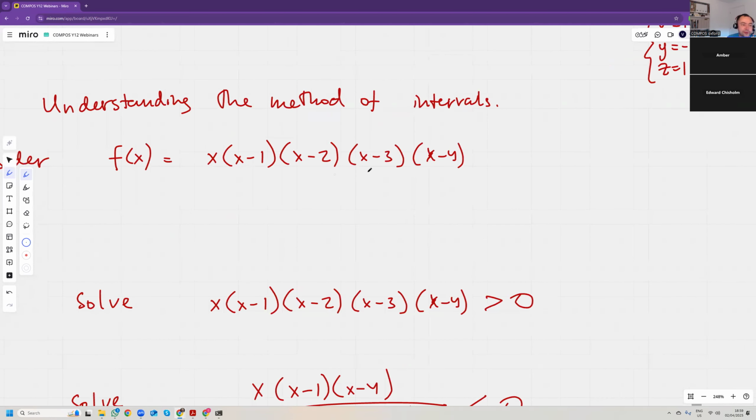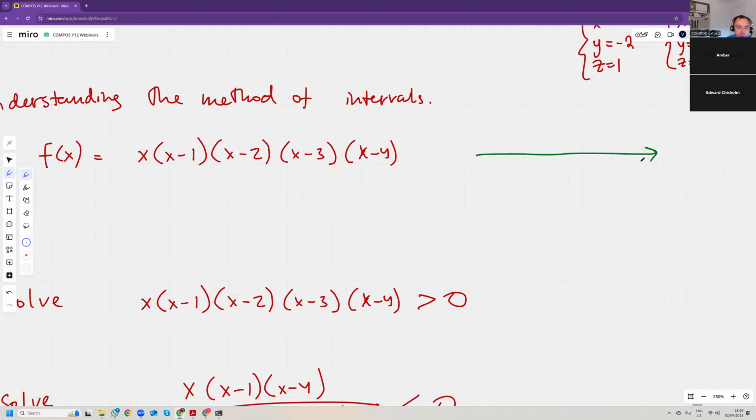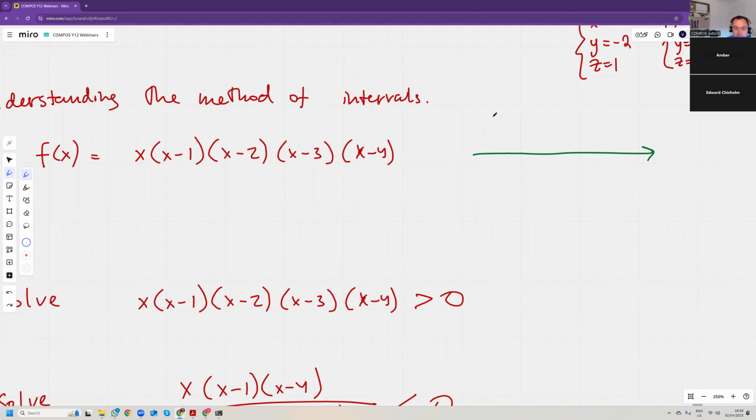If you look at this function and you try to plot it, you will see that actually it's quite an easy function to draw. Just like you draw the cube, if you were to try to sketch this graph, this is 0, 1, 2, 3, 4.